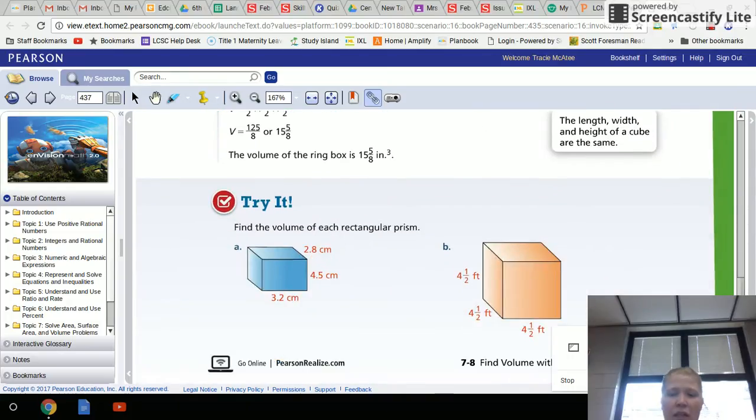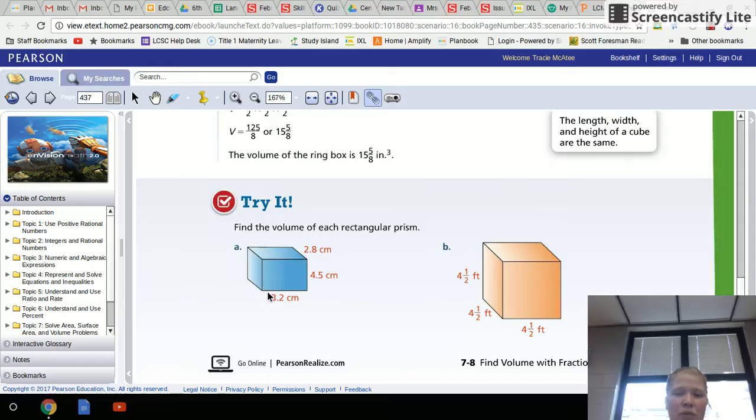Take a look at the try it down here. I want you to find the volume using the length times width times height formula. Again, multiply the length times the width. The width is actually labeled up here, but you know that this is going to be the same thing as this side, which means this side is going to be the same thing as this side.